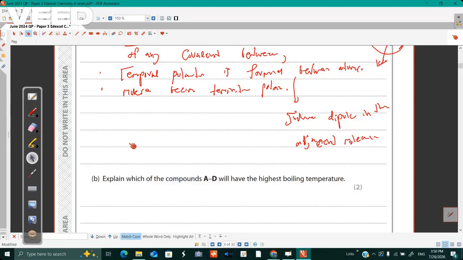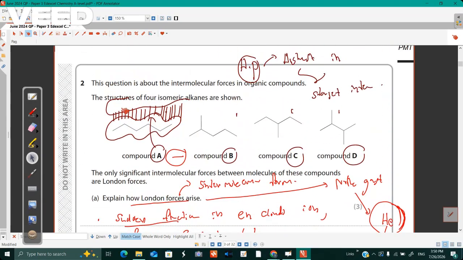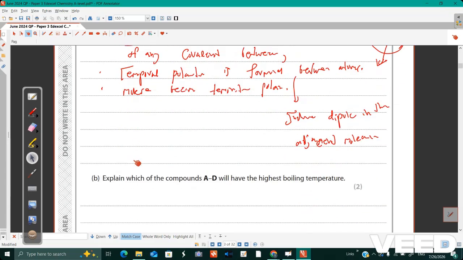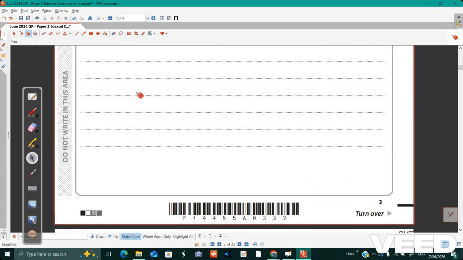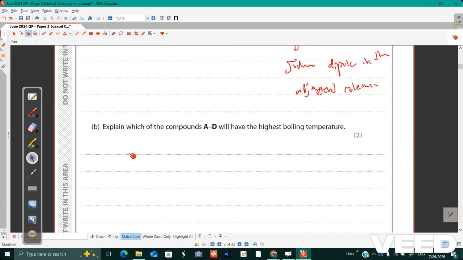Which of the compounds, right? So highest boiling point is for what? What is the answer then? A, right? A has stronger London dispersion forces because it is the least branched. So more surface area is exposed. Okay. So you are getting 2 points.